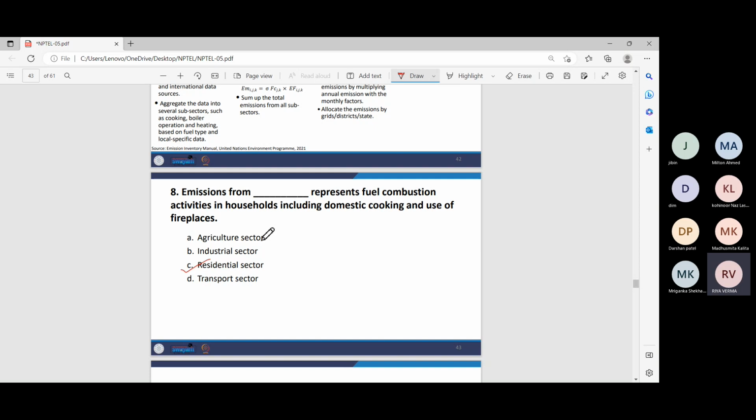What are the major sources of pollutants from all these sectors? Like from your agricultural sector, what is the major source of pollutant? Your industrial sector, what can be the major source of pollutant? Then your residential and transport. Let's have a healthy discussion. Anyone who wants to answer?